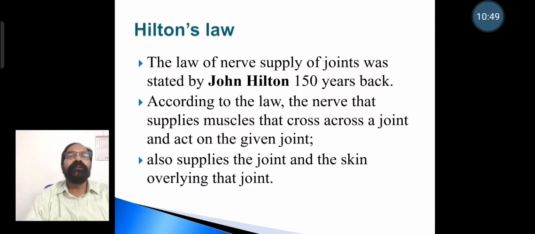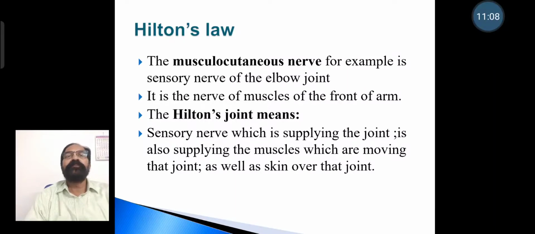According to the law, the nerve that supplies muscles that cross a joint and act on the joint also supplies the joint and the skin overlying the joint. For example, the musculocutaneous nerve is the sensory nerve of the elbow joint. It is the nerve of the muscles of the front of the arm.